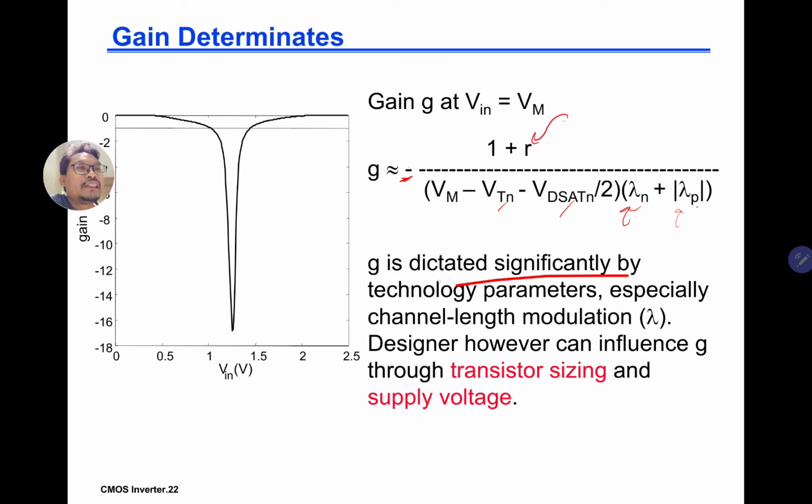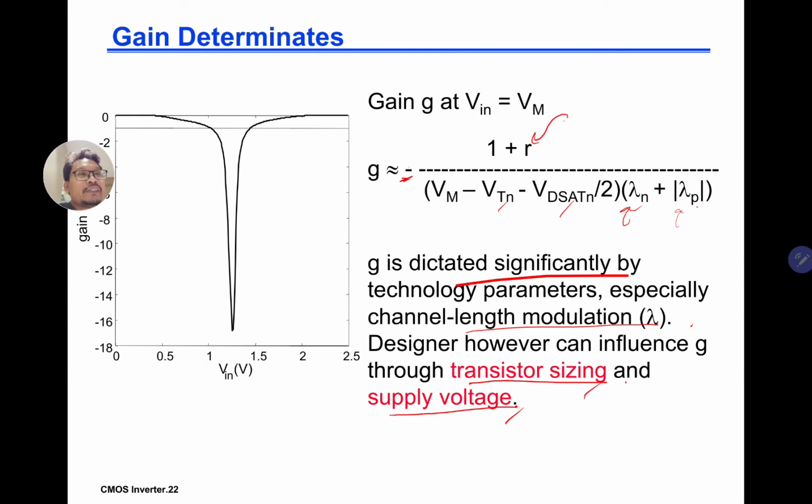Anyway, G is dictated significantly by technology parameters, especially the channel length modulation. The designer, however, can influence G through transistor sizing and supply voltage. Remember our goal is to get close to an ideal inverter, which means we want a high gain, a very sharp transition from VDD to ground, and you control it by the sizing of the transistor and the supply voltage.